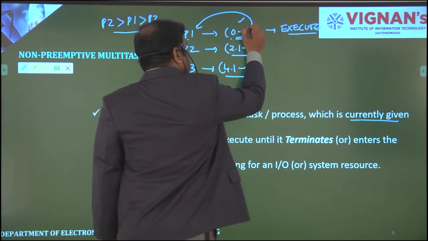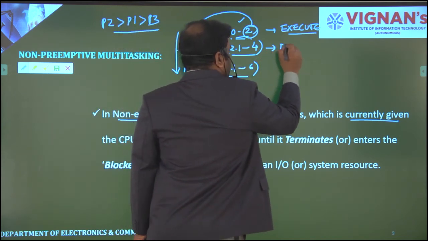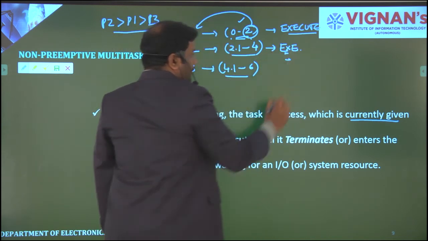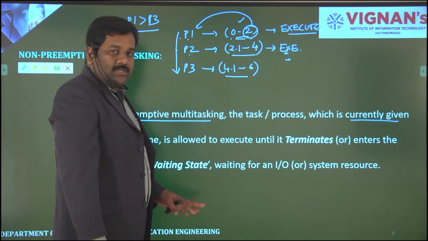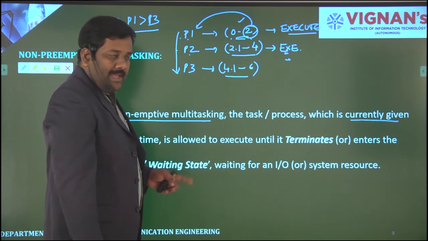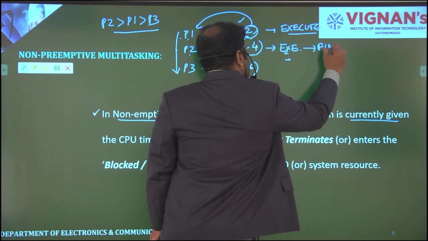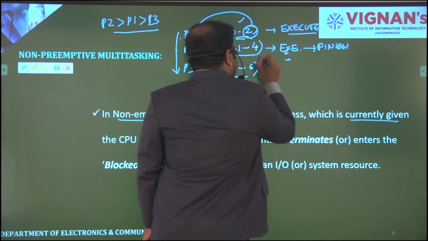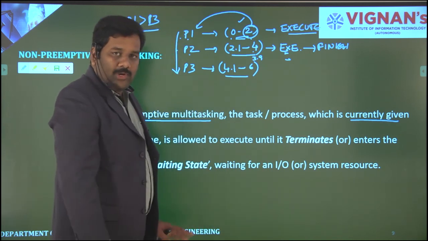Once 2 seconds is reached, it will start execution of P2. Between 2 and 4 it won't allow any other process to execute. It will allow only P2. At the same time, it has to finish the entire process by 3.9 seconds or 4 seconds only.